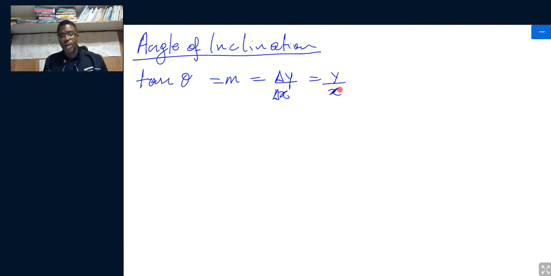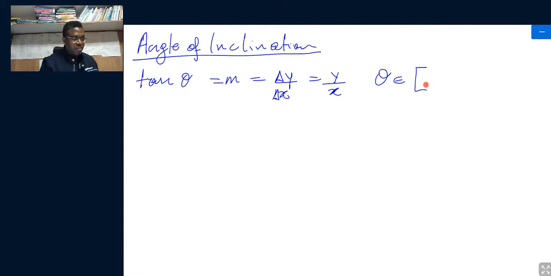And this one, we can specify and say theta is an element of, so theta is the angle.